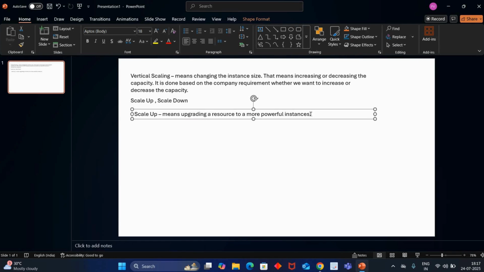Okay. So this means, for example, now we are using T3 dot micro.